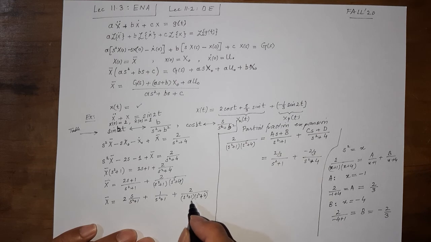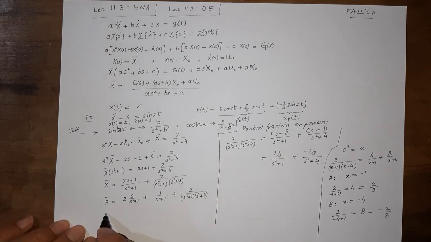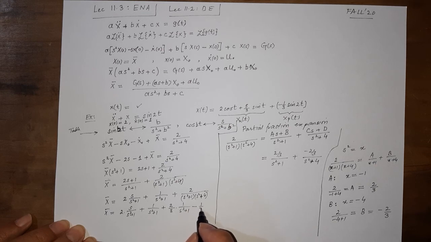So ultimately, we got this x bar equal to 2 times s over s square plus 1, plus 1 over s square plus 1, plus 2 by 3 times 1 over s square plus 1, minus 1 by 3 times 2 over s square plus 4.